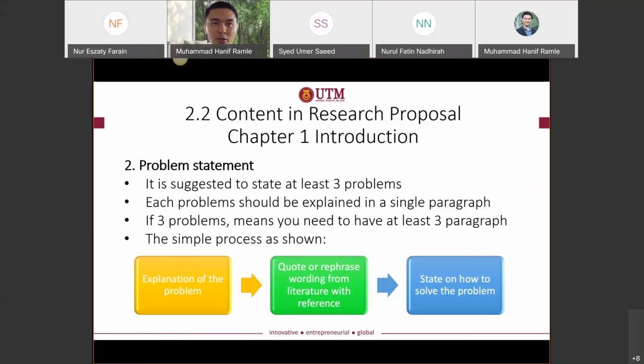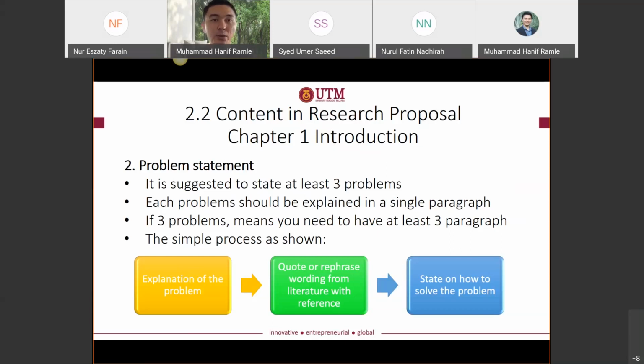This is only a suggestion. It is very subjective, but it is the way that I do it, for my students and also myself during my PhD study. The simple process is shown. Number one, you explain the problem. Number two, you quote or paraphrase wording from the literature with references.